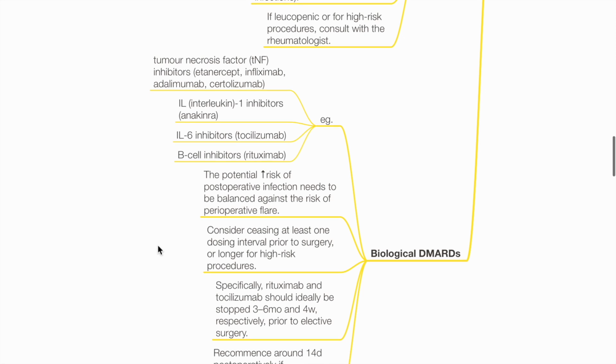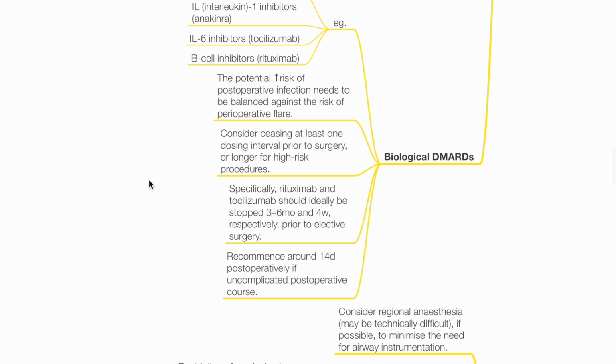Biological DMARDs include TNF inhibitors such as etanercept, infliximab, adalimumab, and certolizumab, IL-1 inhibitors such as anakinra, IL-6 inhibitors such as tocilizumab, and B-cell inhibitors such as rituximab. The potential increased risk of post-op infection needs to be balanced against the risk of perioperative flare.